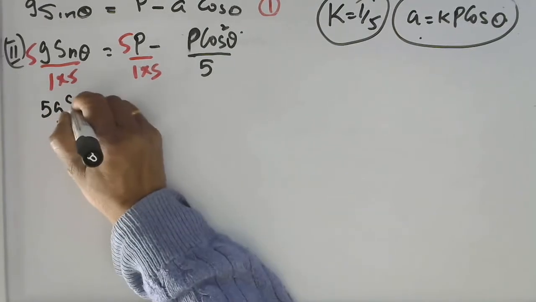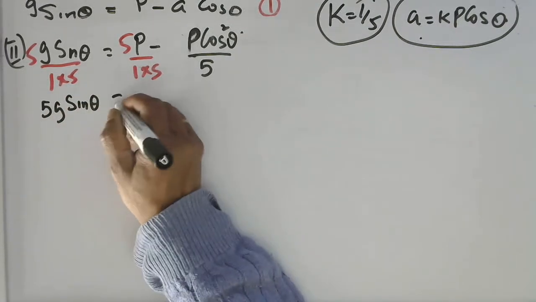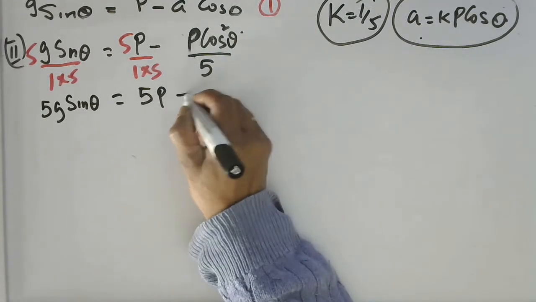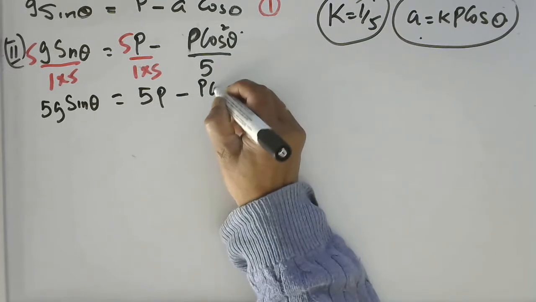That will end up as 5g sine theta equal to 5p minus p cos squared theta.